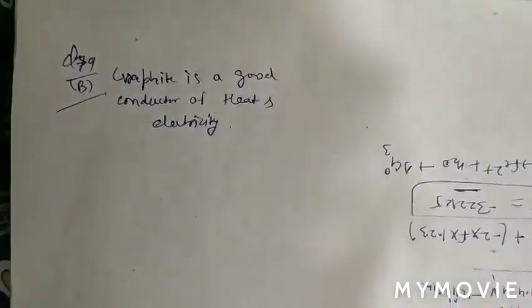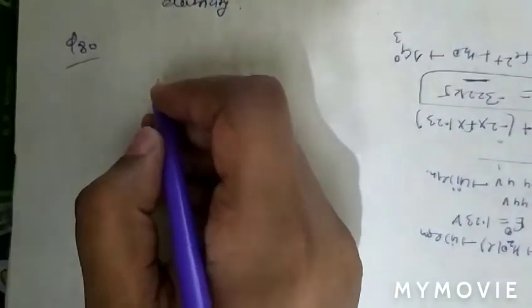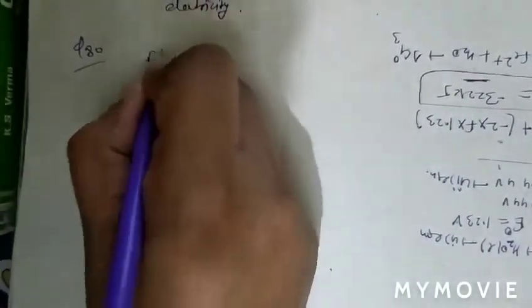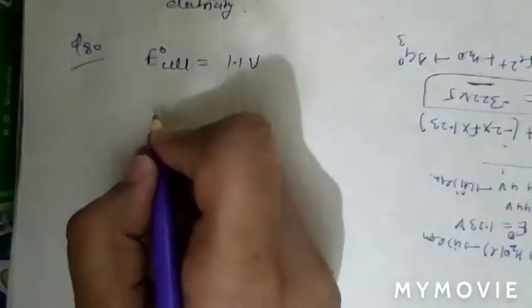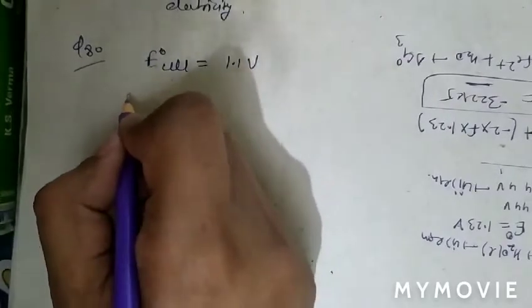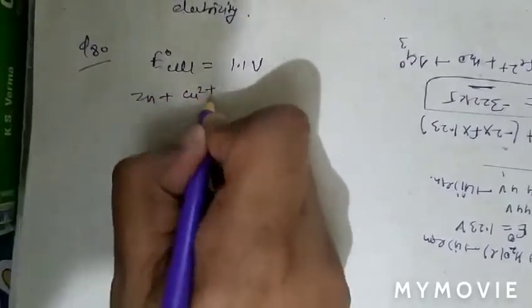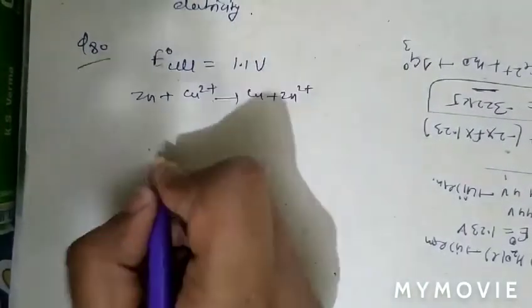See question number 80. In question number 80, the E0 cell value for the reaction is given, that is equal to 1.1 volt, and we are looking for the equilibrium constant. The reaction given is Zn plus Cu2 plus gives Cu plus Zn2 plus.